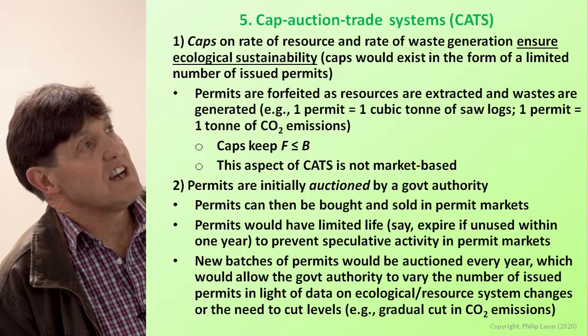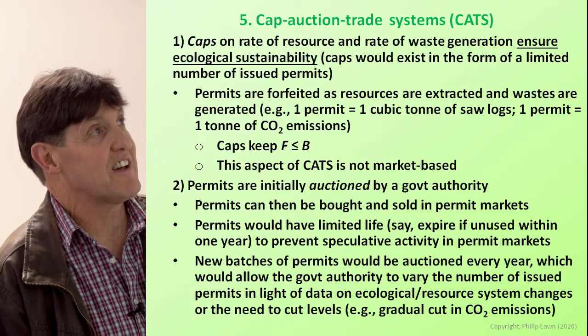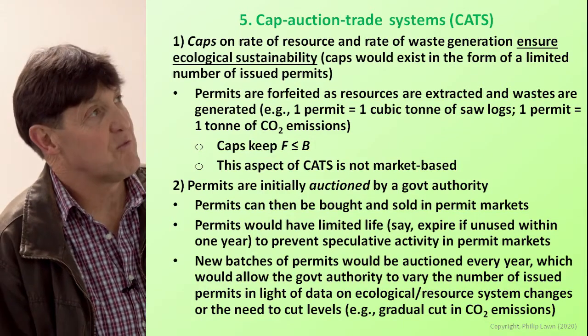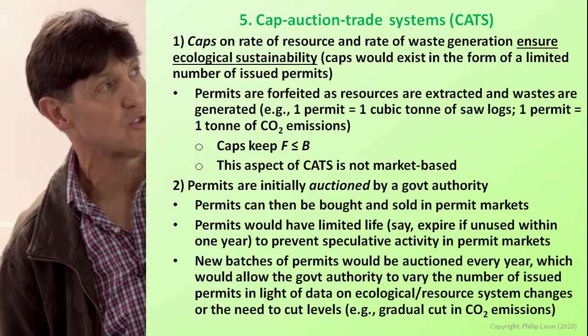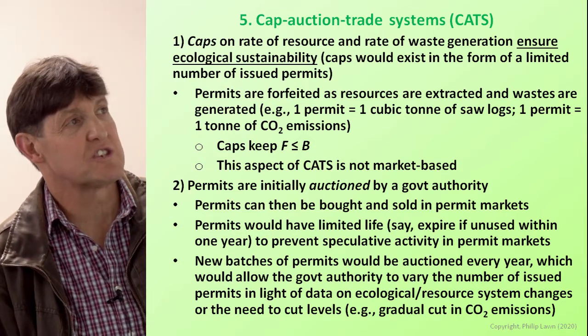So ecological economists, I guess I'm putting on my ecological economist hat here, argue for cap auction trade systems, CATs. What would that involve? Well, that would mean you'd place caps on the rate of resource use and rate of waste generation to ensure ecological sustainability.